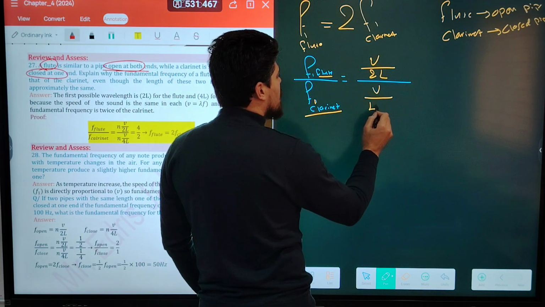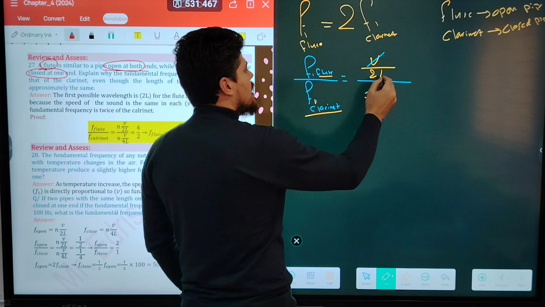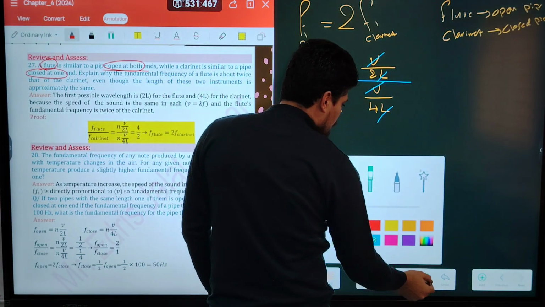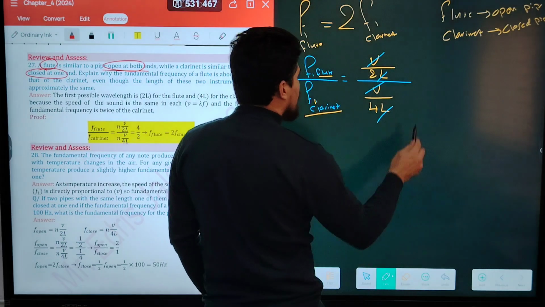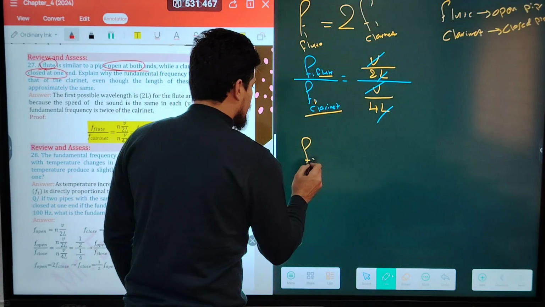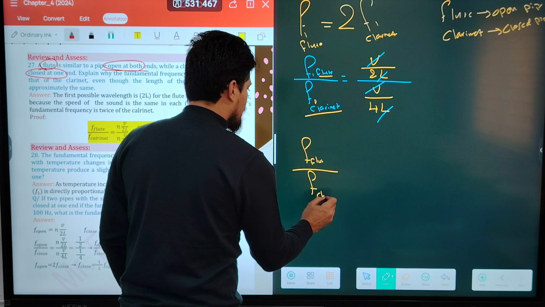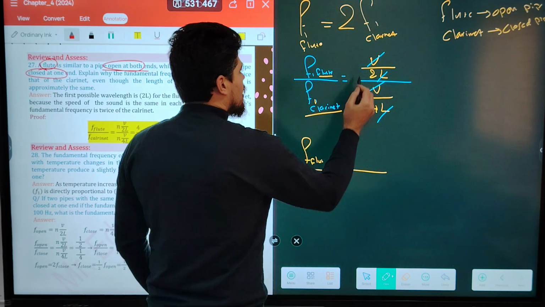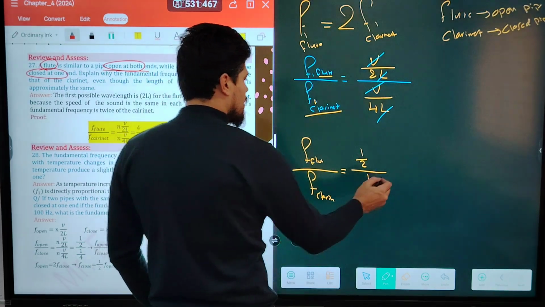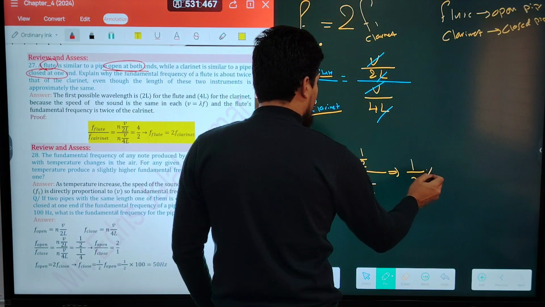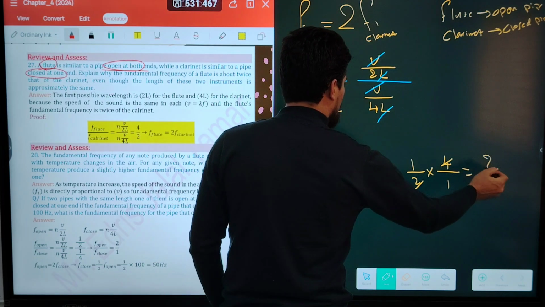V over 4L. V with V cancel, L with L cancel. What remains, guys? F flute divided by F clarinet is 1 over 2 divided by 1 over 4, which is 1 over 2 times 4 over 1. Cancel, it becomes 2 over 1.